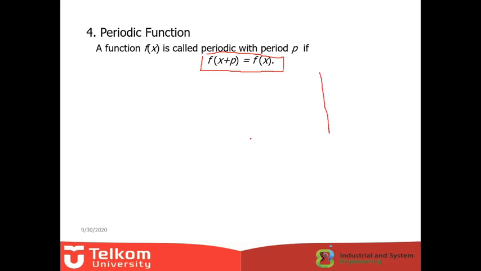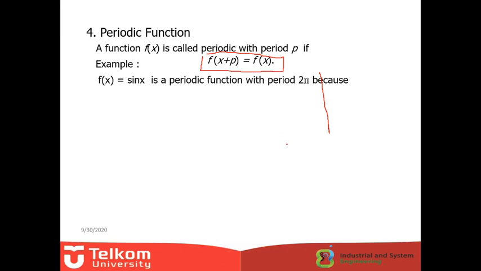For example, sine x, the picture should be like this. When the condition f of x plus p equals f of x holds, this will be periodic at 2p. When the condition is this, f of x plus 2p should be sin of x plus 2p.